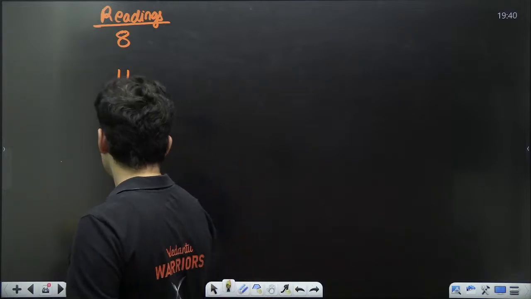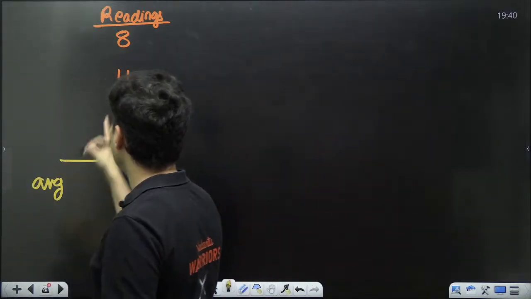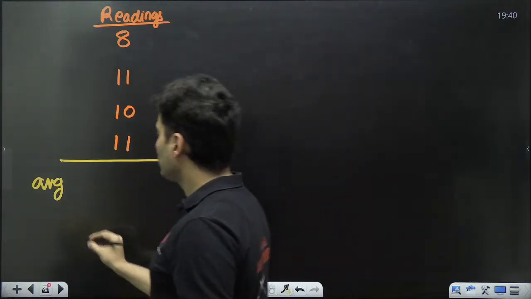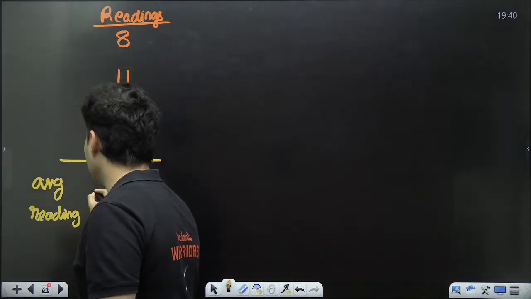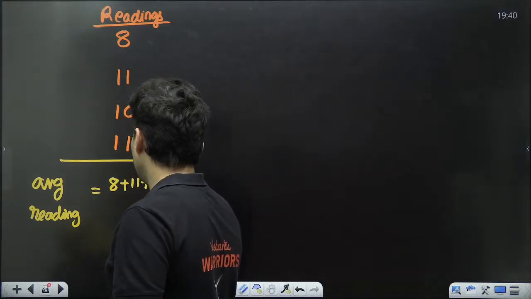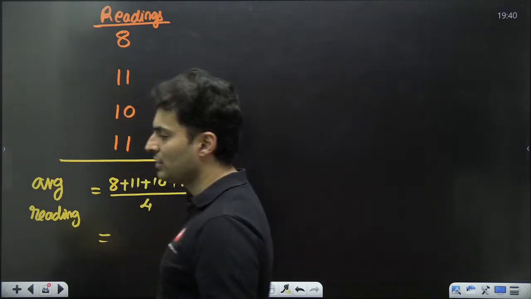You'll just find the average value of these readings. So the average reading will be 8 plus 11 plus 10 plus 11 divided by 4. How much is the average value coming out to be?